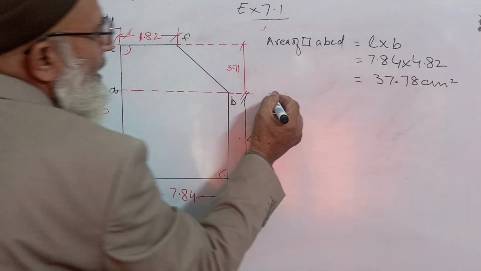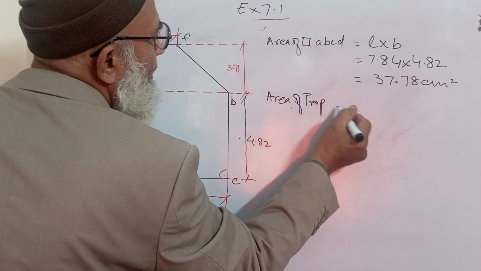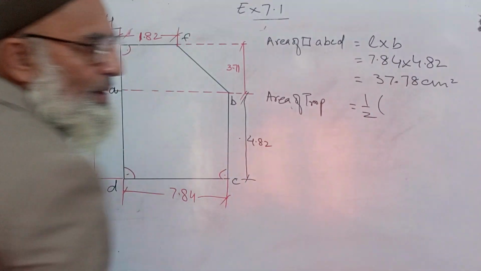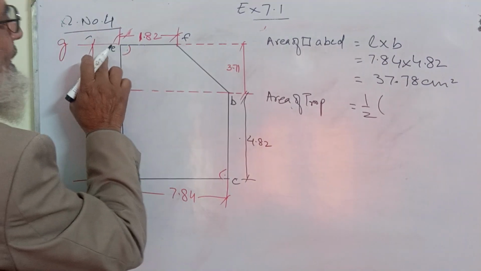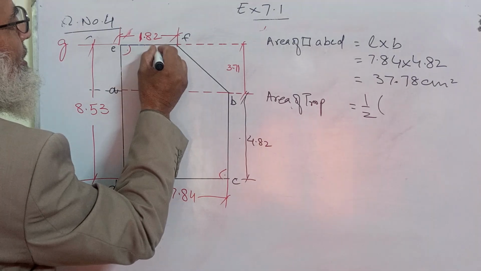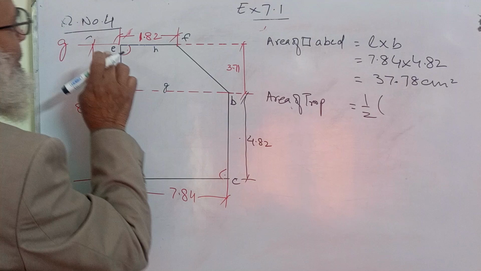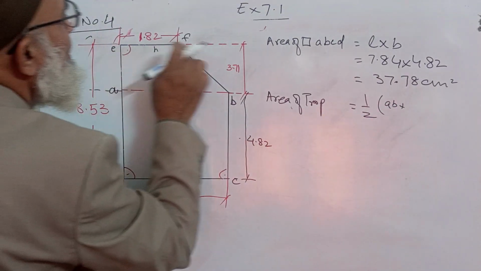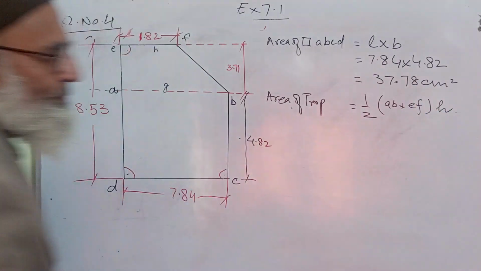Now the area of the trapezium is half of the sum of parallel sides, and the parallel sides are AB plus EF, multiplied by the height, which is given here.